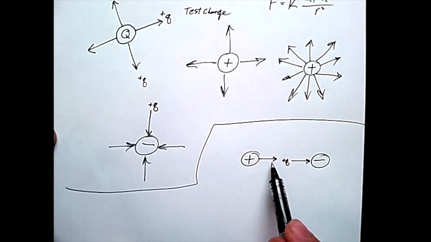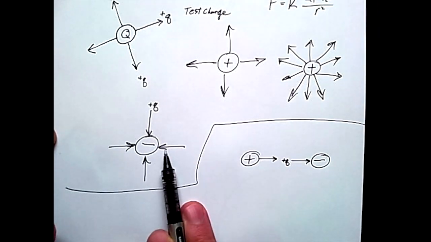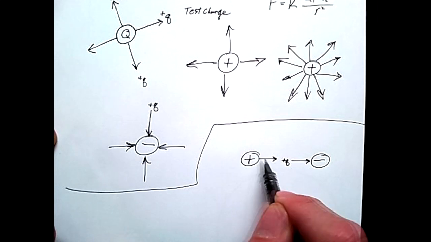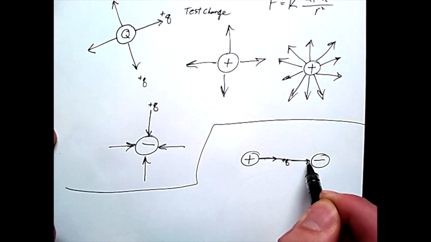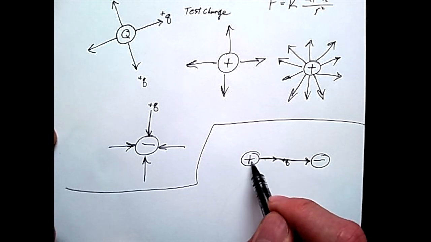And this aligns with our given diagram, away from positive and towards negative, which means that given the absence of the actual charge, we could still identify an electric field line that goes in one singular direction from positive to negative.